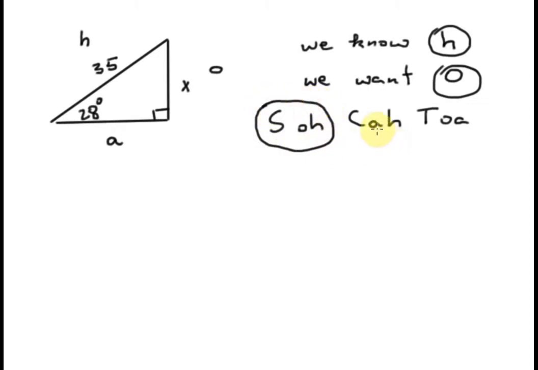The other ones use adjacent, they both use adjacent. So the one we want is sine. So I set up my trig equation. The sine of 28 degrees is equal to opposite, which is x, divided by the hypotenuse, which is 35.